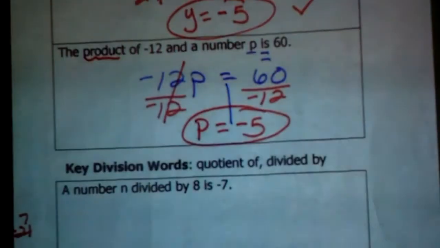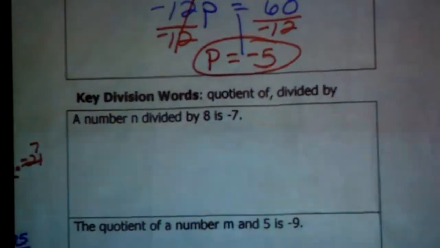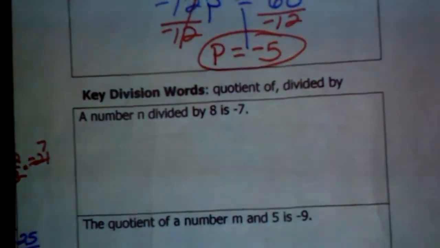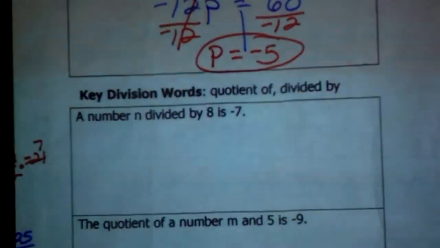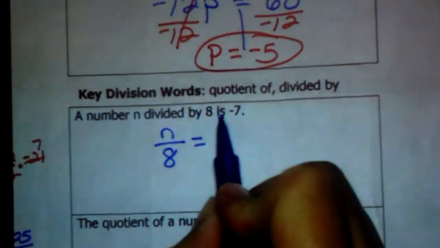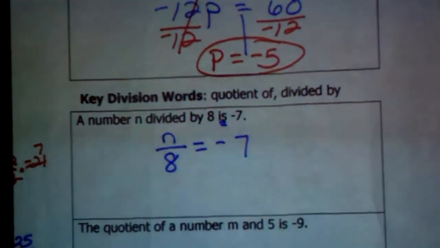Alright. Key division words: the quotient of, or divided by. So a number n divided by 8 is negative 7. So n divided by 8 is, or equals, negative 7. Alright, so here we have a division problem. How do you undo dividing?